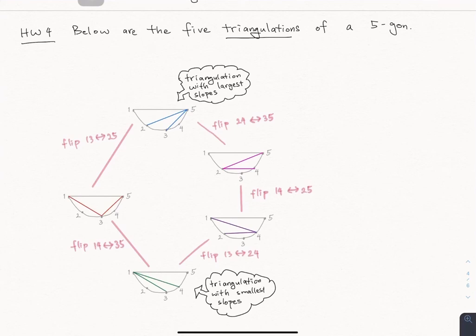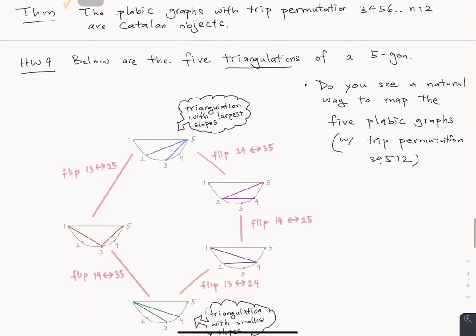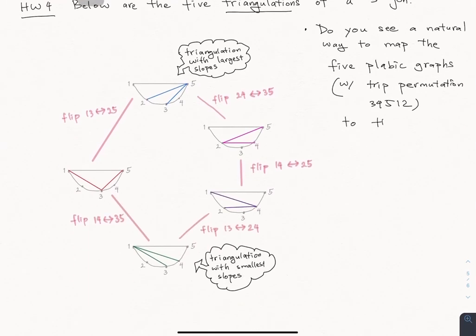So the question for the homework exercise is, do you see a natural way to map the 5 Plabic graphs, the ones with the trip permutation 3, 4, 5, 1, 2, these 5, to these 5 triangulations.